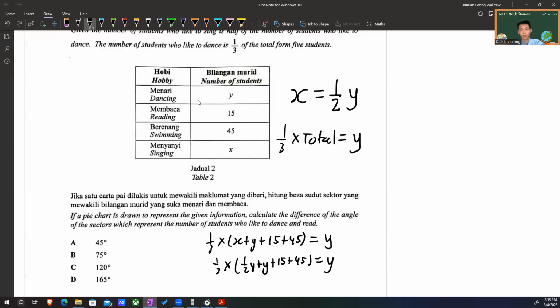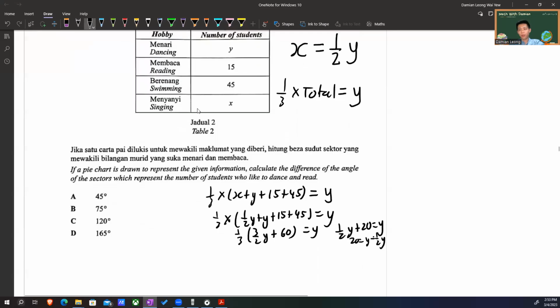This is half y plus 60, times 1/3, equals y. Then 1/2 y plus 20 is y. Bring over 20: 20 is y minus half y, which is half y. Bring over the half, times 2. Y would be 40.